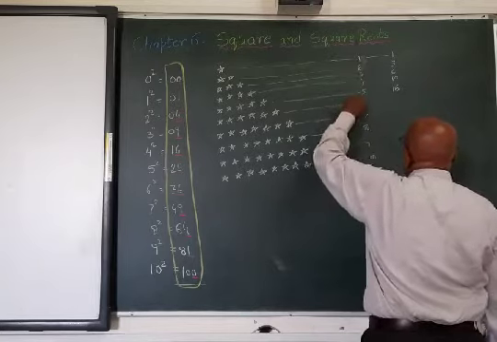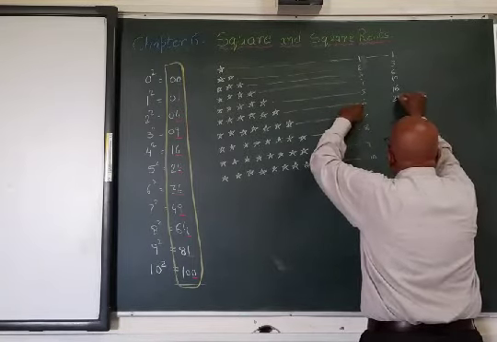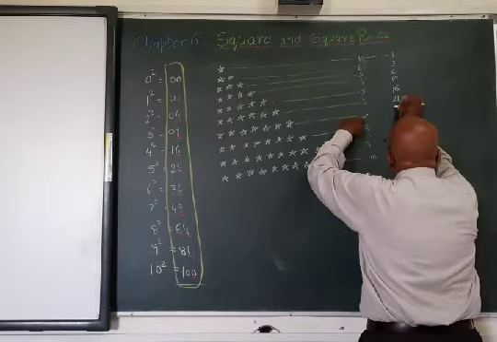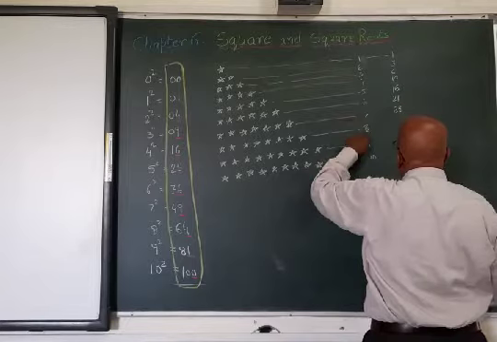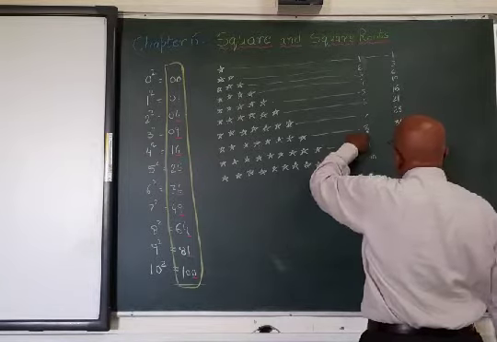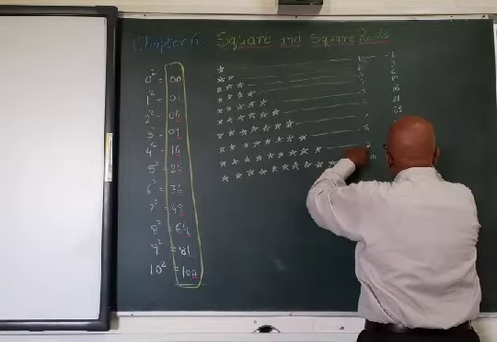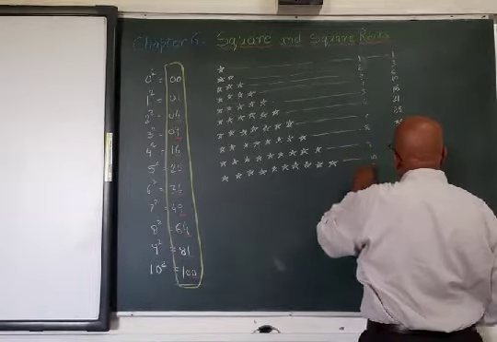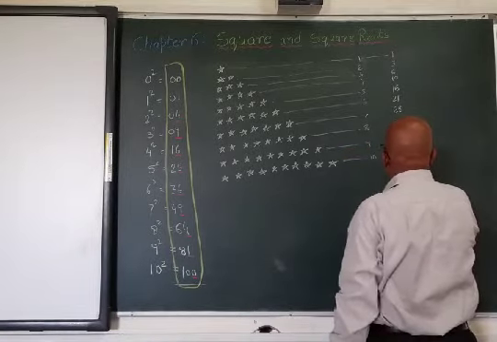Then up to 6 if we add, we get 21. Up to 7 we add, we get 28. Up to 8 we add, we get 36. Up to 9 we add 45. And up to 10 we add 55.